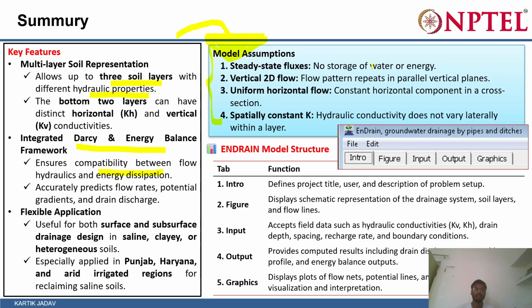Whatever soil layer you have defined, there is always a constant horizontal component across the flow section, and spatially constant K, so hydraulic conductivity does not vary laterally within a layer. Once you have defined your layer with different properties, there is not much change in the layer.